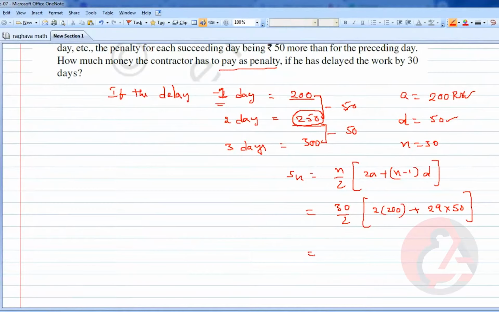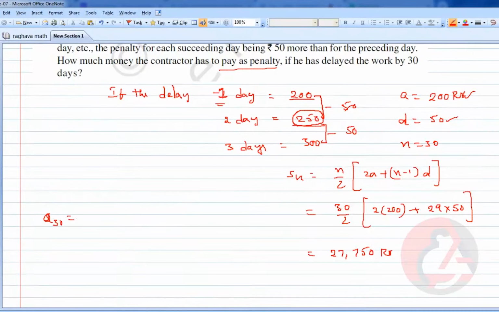What is the answer? How much do you have to pay? Sir, 27,750. Yes, 27,750 rupees.